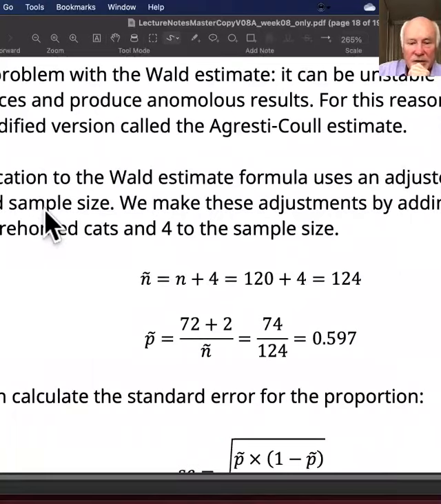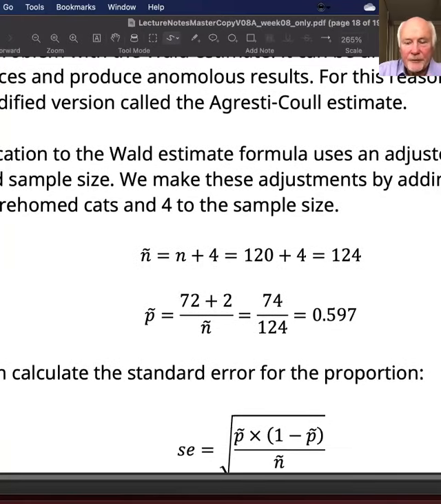The change is that you make an adjustment to the proportion and the sample size, and the adjustment is very simple. The effect of it is you add 2 to the successes and you add 4 to the sample size.